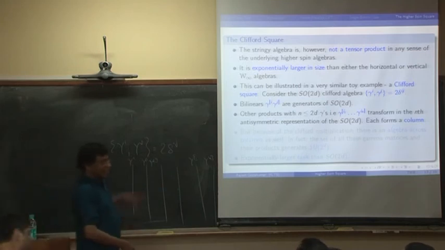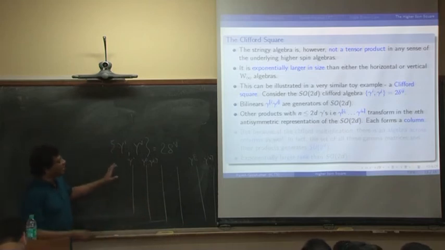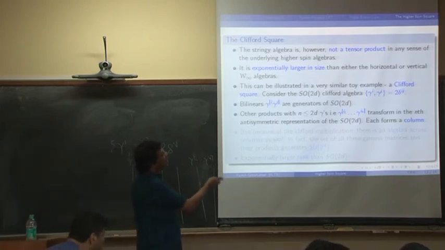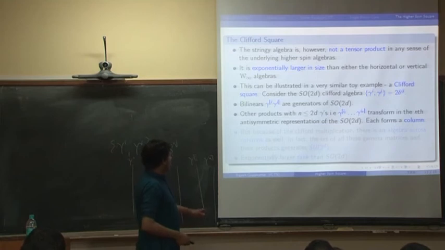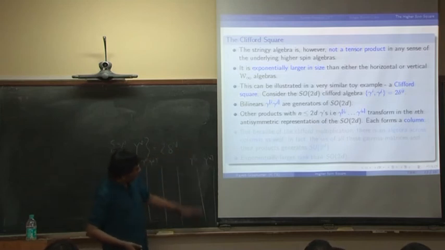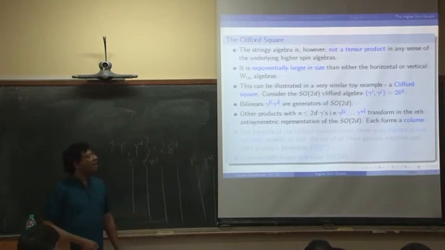Yeah. So I was just saying about the Clifford algebra, and I'm just indicating that you can consider the nth antisymmetric representations of SO(2D) as a column in which you take some highest weight state of the SO(2D), and then SO(2D) acts vertically, and you have all the descendants.